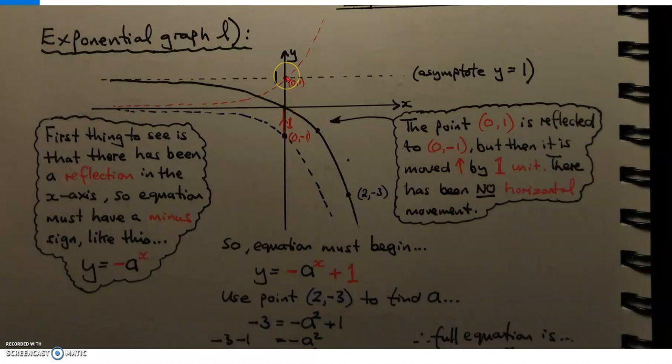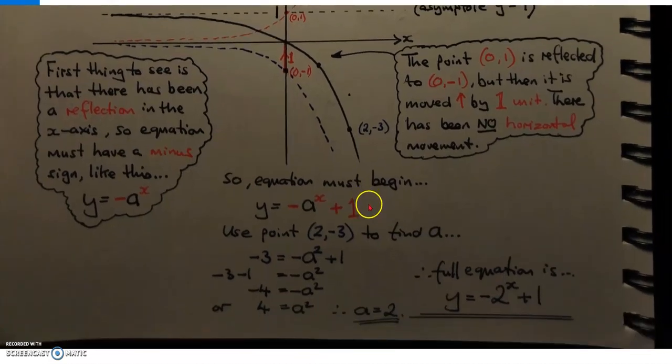So the minus sign in front of the a does the reflection from there to there, and then the plus 1 on the end does the shift upwards like that. So the equation must begin something like this: y equals minus a to the power of x plus 1. And I used this point here, 2, minus 3, to find a.